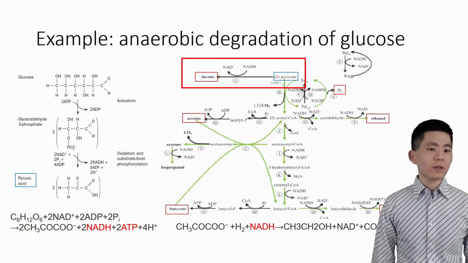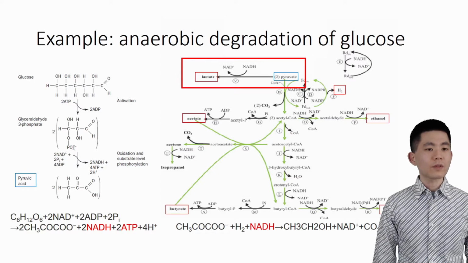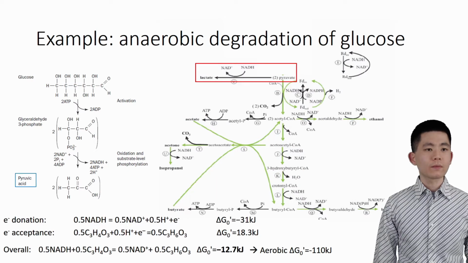Compared to the aerobic degradation, much less electron carrier and energy carrier are produced from 1 mole of glucose in anaerobic pathways because of the high energy state of the end products. So the anaerobic process is not as efficient in transferring energy to support cell growth and maintenance.